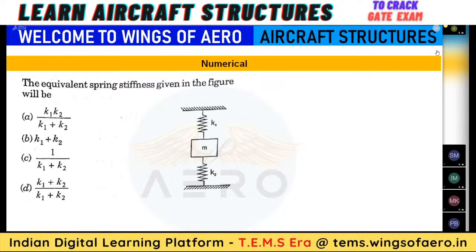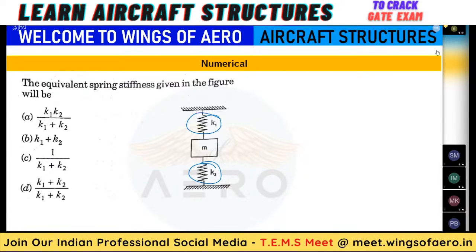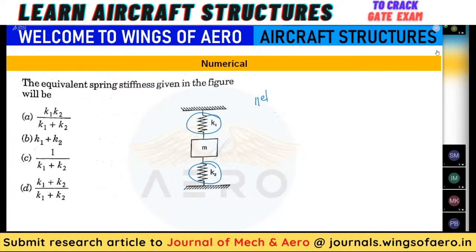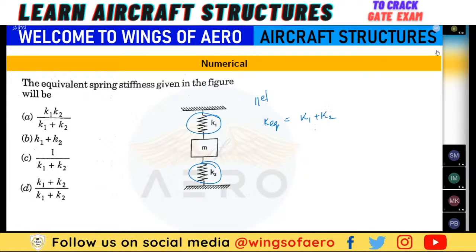Yes, it's very simple. Here, both K1 and K2 are in which form? They are in parallel. So we know the K equivalent is going to be K1 plus K2.